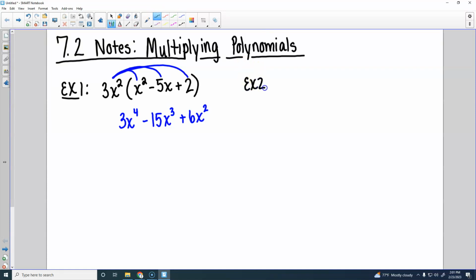All right. Then let's look at what to do when we get something like this. All right, so we've got x plus 3 in parentheses times x minus 7.